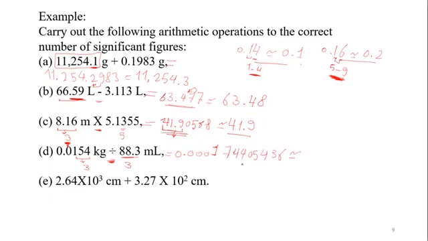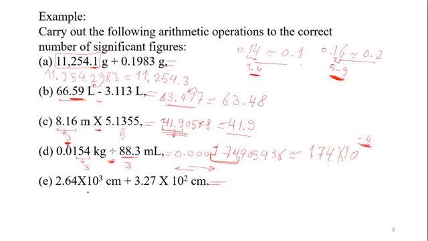To round this off, I have to round it to only 3 significant figures, which is 1.74, multiplied by 10 to the power. I moved the point here 1, 2, 3, 4 places, which means minus 4. You have to remember when I move my point to that side, I have to multiply by 10 to the minus power, and here I would have to move it with a plus sign.